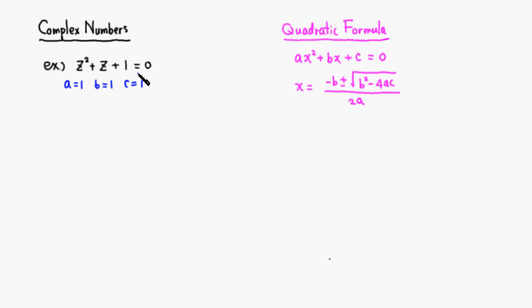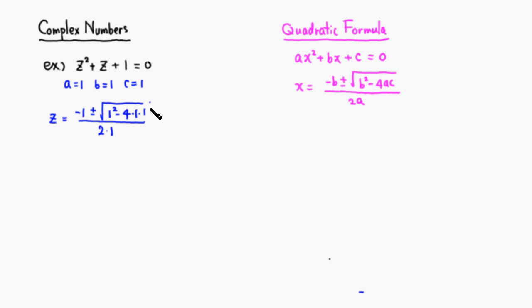Going through the quadratic formula, z is going to be equal to negative 1 plus or minus the square root of 1 squared minus 4 times a, which is 1, times c, which is 1, over 2a, which is 2.